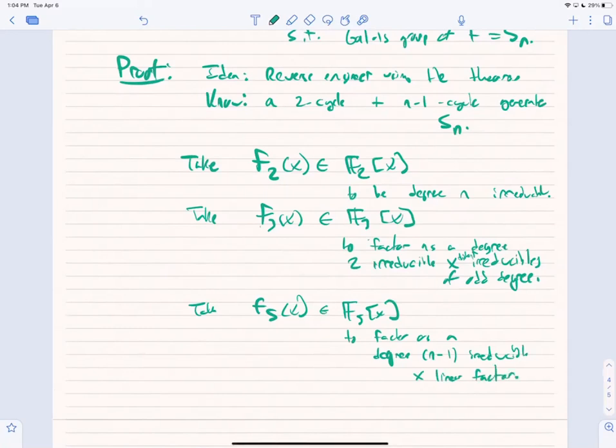Okay, so these are three degree n monic polynomials with coefficients in different fields.